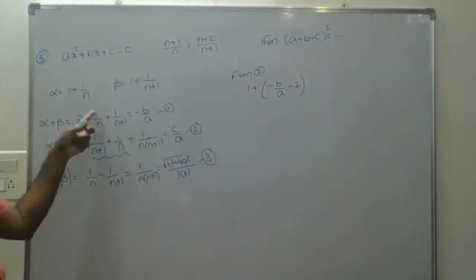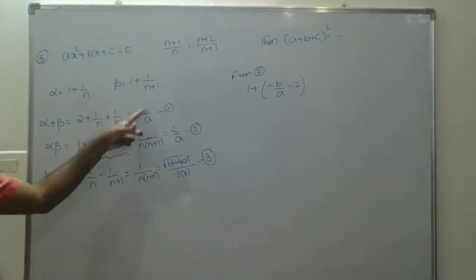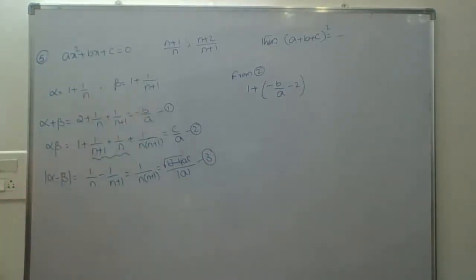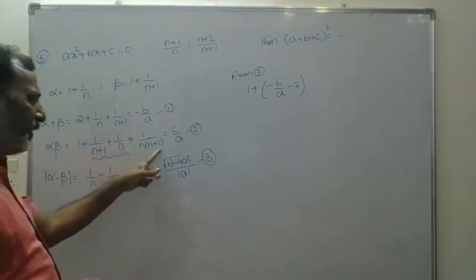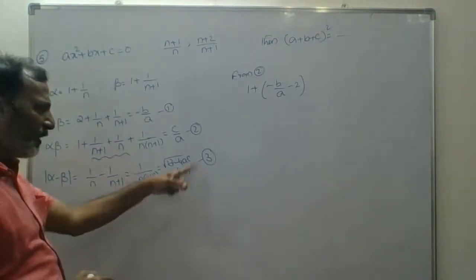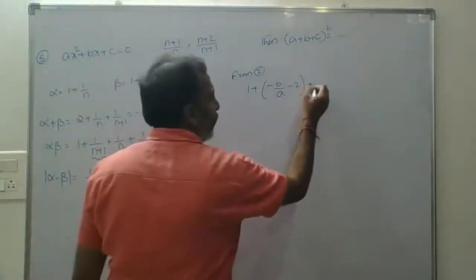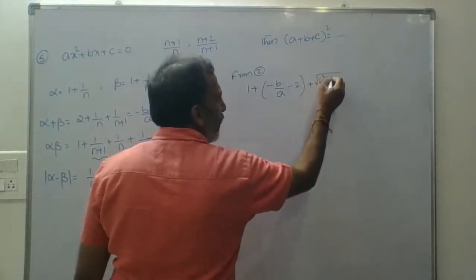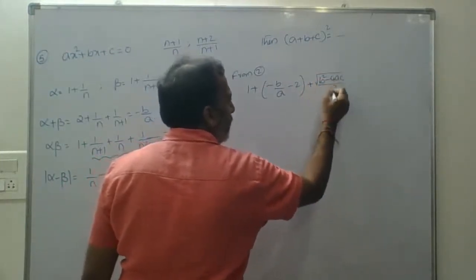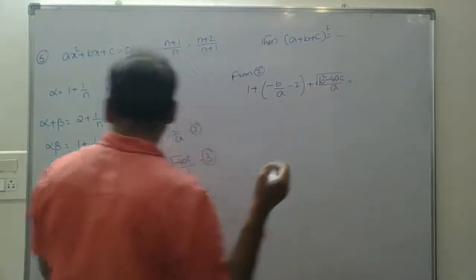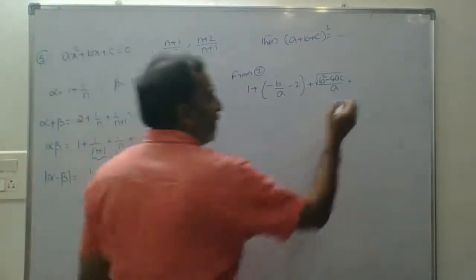Because 1 by n plus 1 by n plus 1 is minus b by a, minus 2 plus 1 by n into n plus 1. 1 by n into n plus 1 can be replaced by root of b square minus 4ac by a. But what is that is equal to c by a.